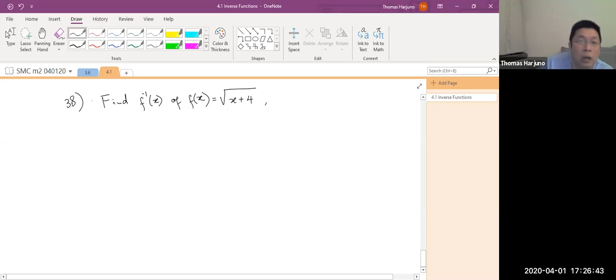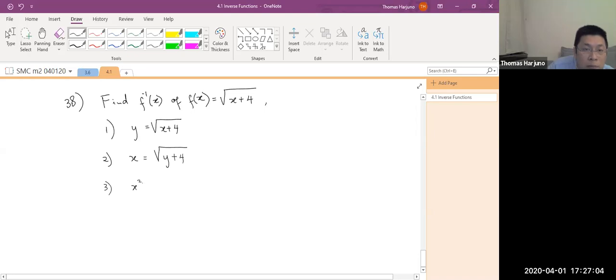Now, step 1, I replace the f(x) by y. Step 2, I swap the x and the y. Step 3, I square both sides, and then subtract by 4.